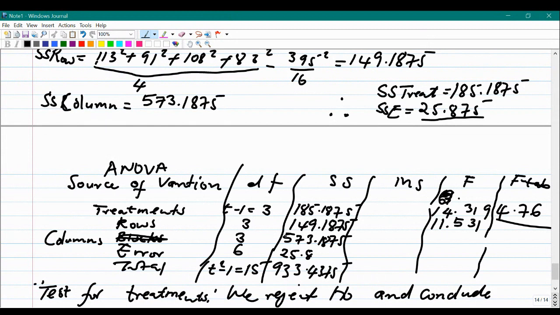Give me the correct information and confirm them. Don't wait for me to finish and then later on say the values are wrong. When you see that there's a difference, please just make a signal that something is wrong. So what is the MS? 61.72916.